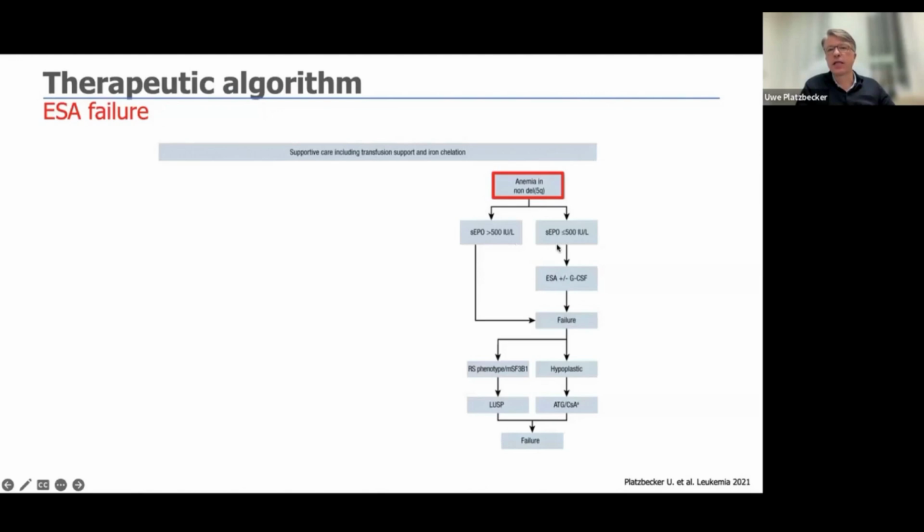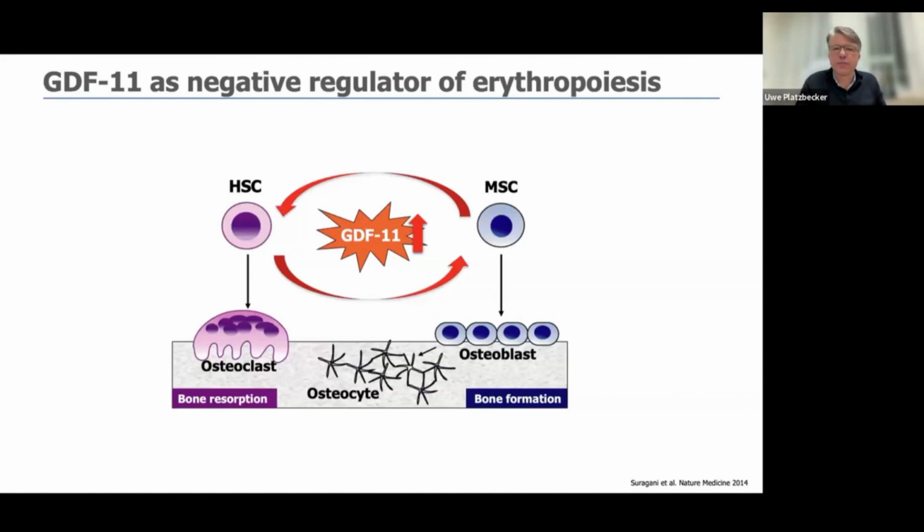So still, I think EPO or ESA therapy is the mainstay, and for patients failing or not being eligible for it, we currently consider the ring sideroblastic phenotype or SF3B1 mutation as an entry for considering Luspatercept as a second-line therapy based on clinical trial data, which I will introduce to you in the next couple of minutes.